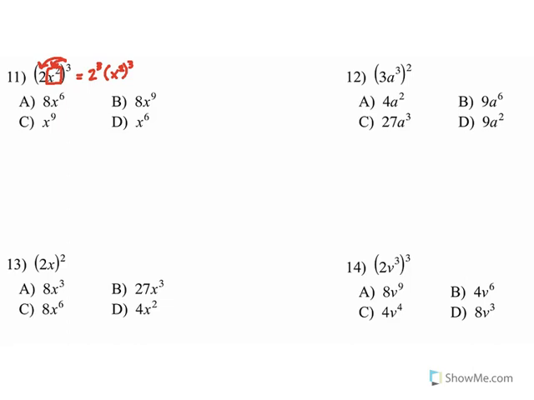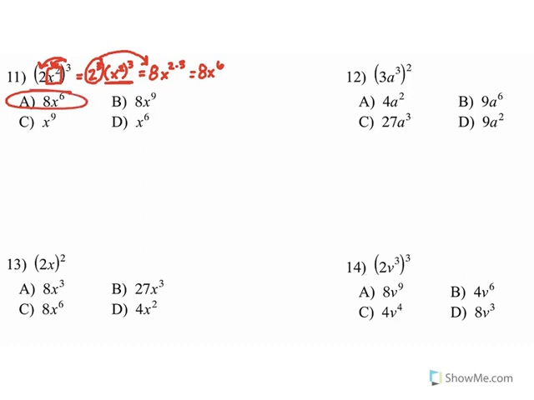So now we need to do 2 to the third, which is 8. So this piece simplifies to 8. Now we need to do this other piece over here. Remember, if it's on the outside, we multiply those exponents. So we're going to have x to the 2 times 3. So we have 8x to the 6th. So the answer is A.